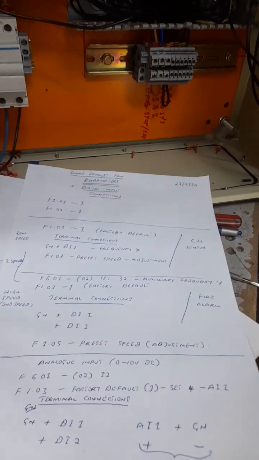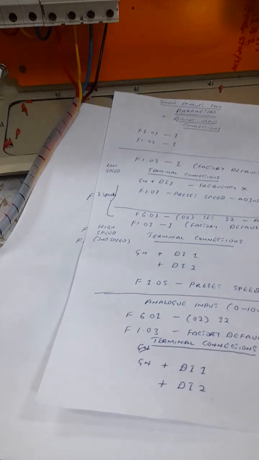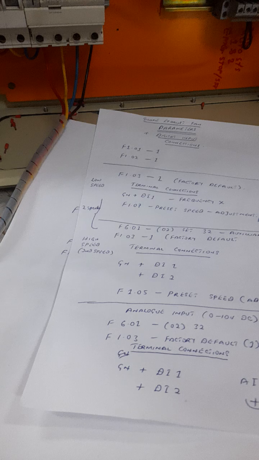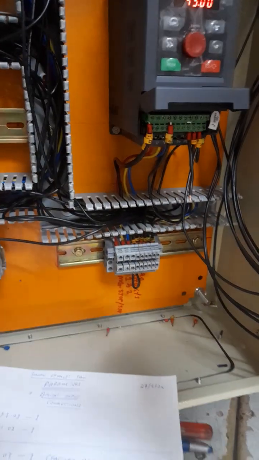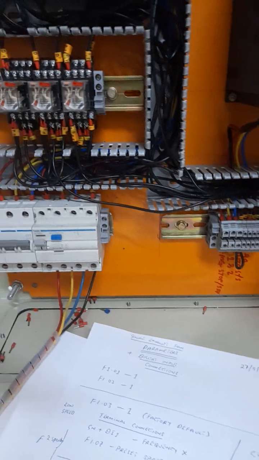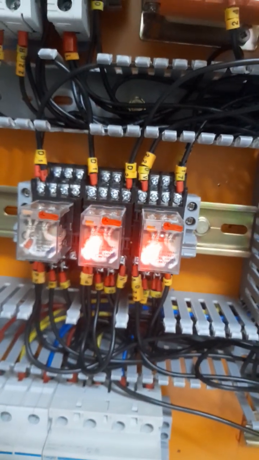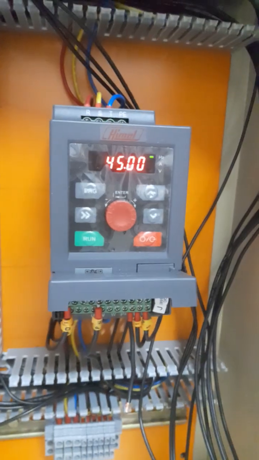Now because I don't have a battery with me, I can demonstrate. I'll just go and change F1.03. As you can see now, the relay is connected between ground, digital input 1 and digital input 2. It's running up to 45 hertz.